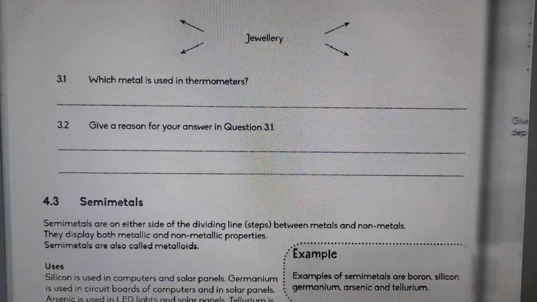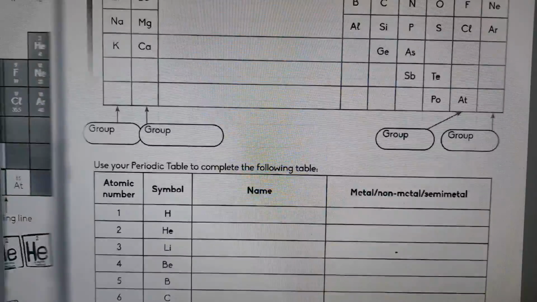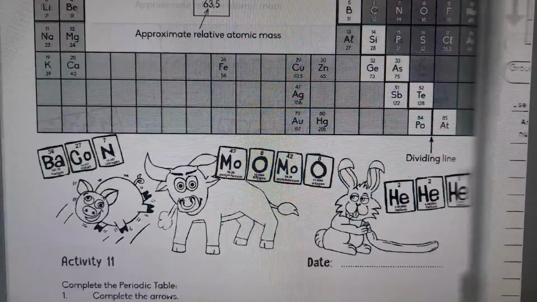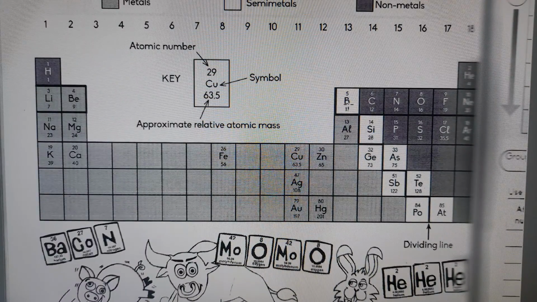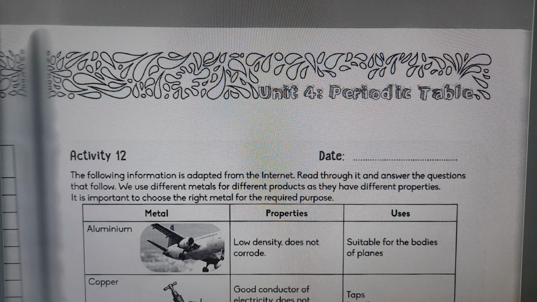Let's see them again in the periodic table there. The semi-metals, these white ones: boron, silicon, germanium, arsenic, tellurium, all these white ones. Okay, so now we know their uses.